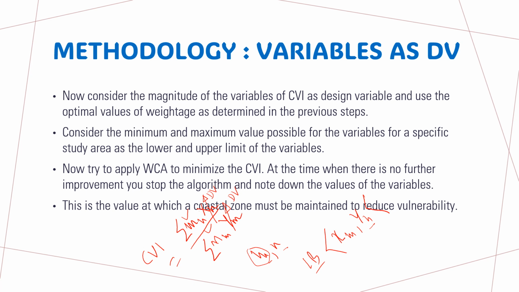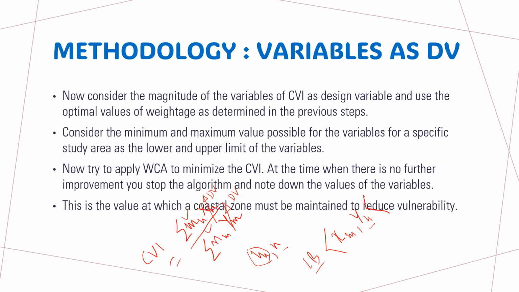Then again you use WCA, water cycle algorithm, this time to minimize coastal vulnerability. Because I want to know at which value of these input variables of coastal vulnerability this index becomes minimum.